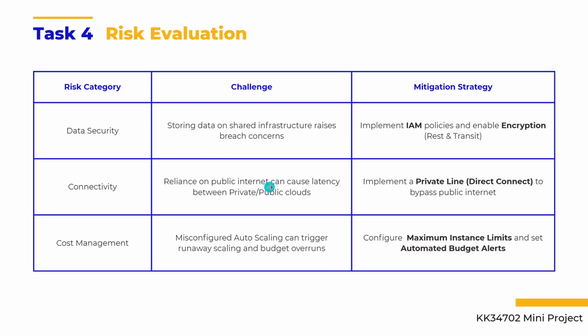Reliance on the public internet can cause latency between private and public clouds. To mitigate this, we can implement a private line to bypass the public internet by directly connecting to it. And then the risk category of cost management. Misconfigured autoscaling can trigger runaway scaling and budget overruns. We can mitigate this by configuring maximum instance limits and setting automated budget alerts.